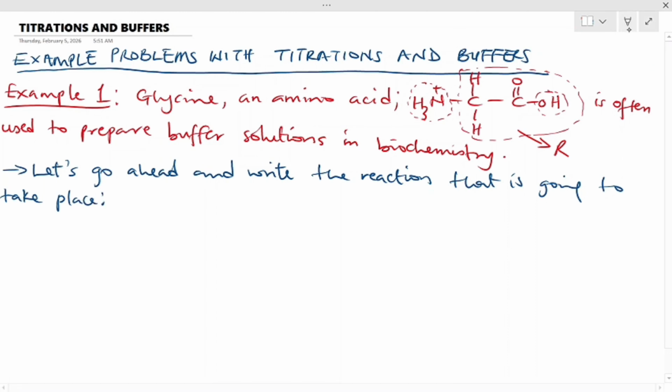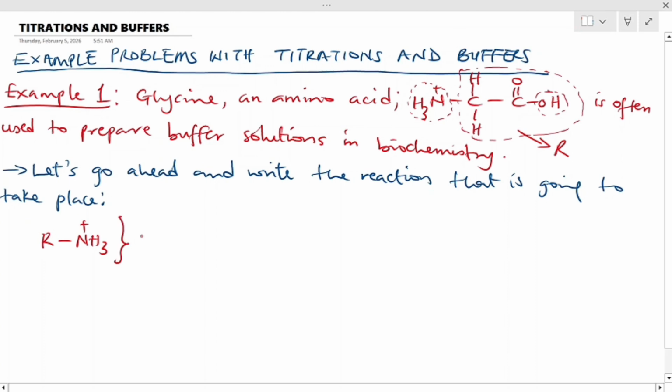If we write out that reaction, it gives us this. We have R representing glycine, the R group attached to your amino group NH3 plus.